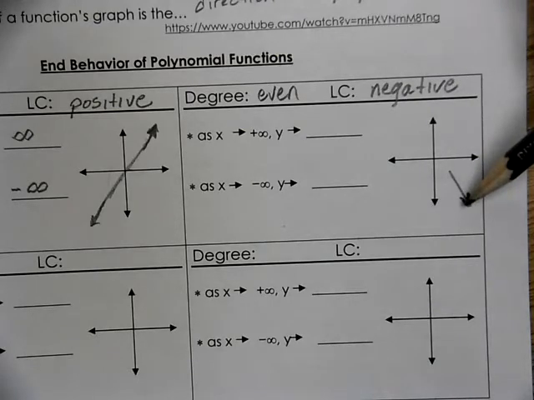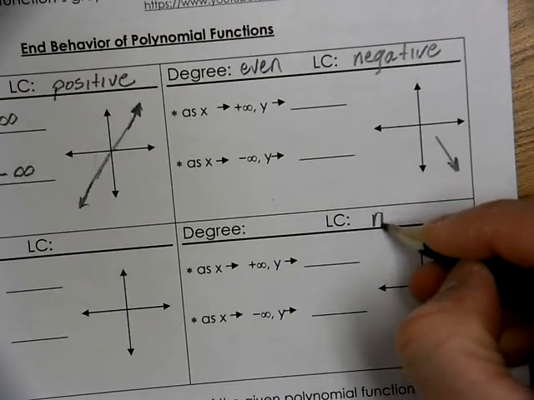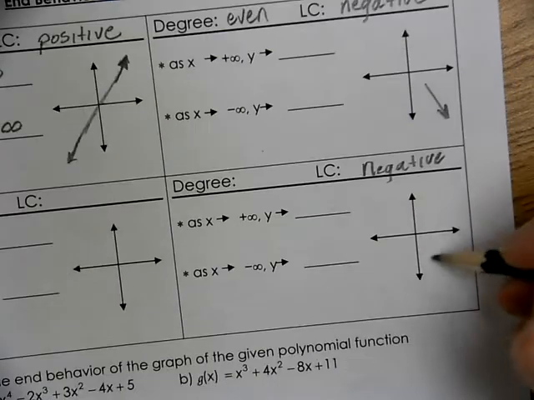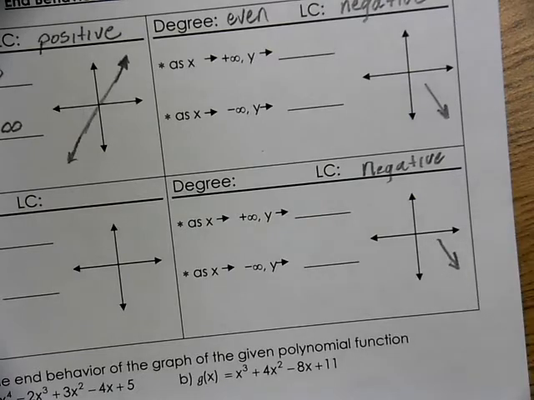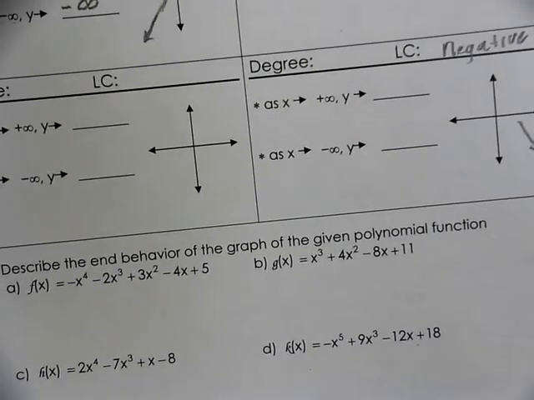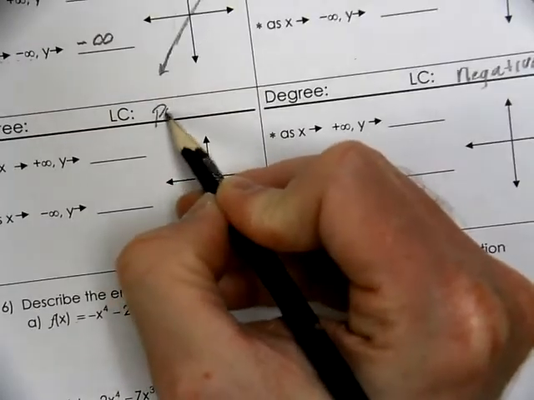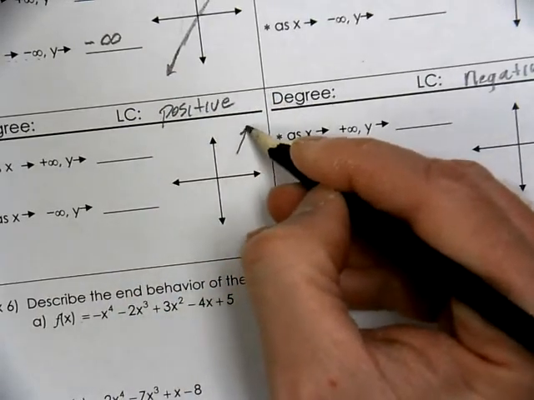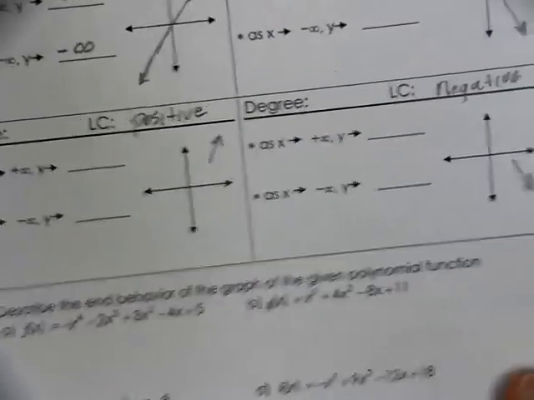If it's negative, you're falling to the right. If it's positive, you're going to be increasing to the right.